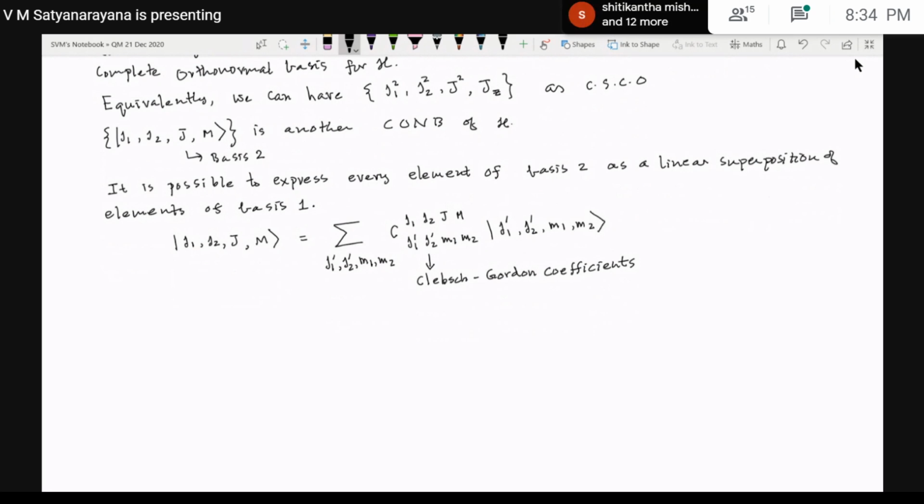Now, what is the way to find these coefficients?